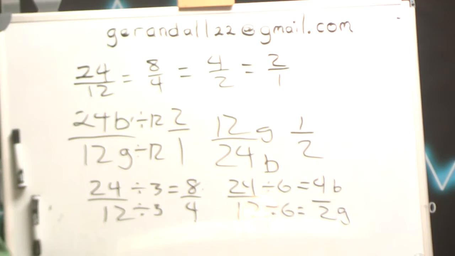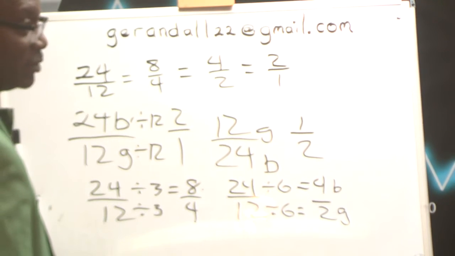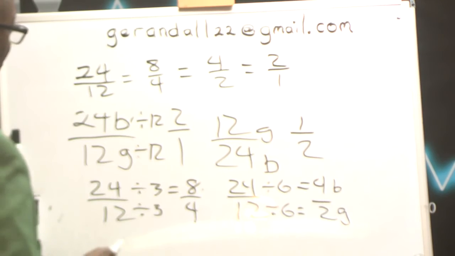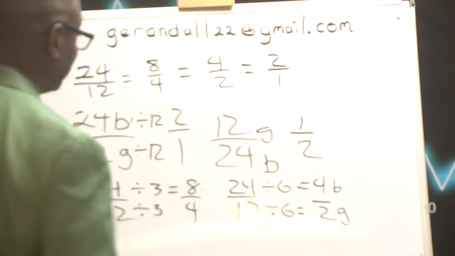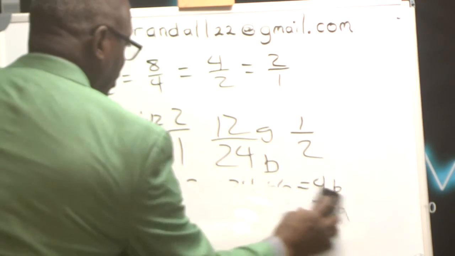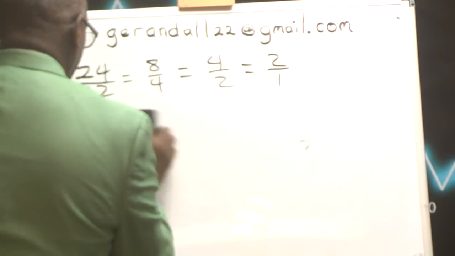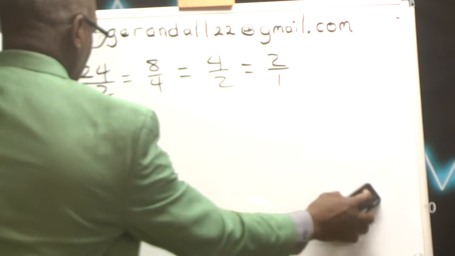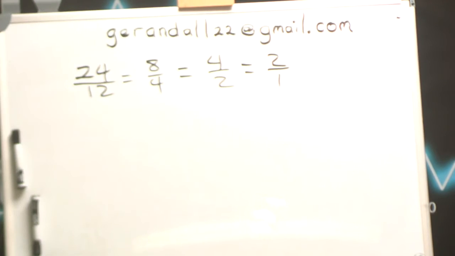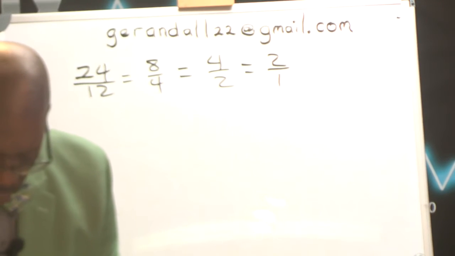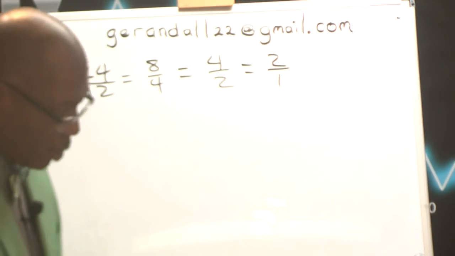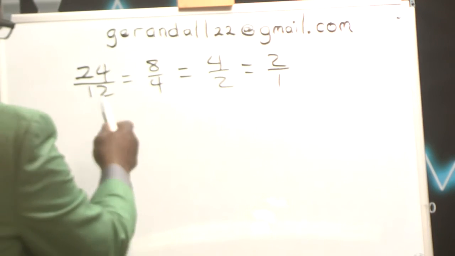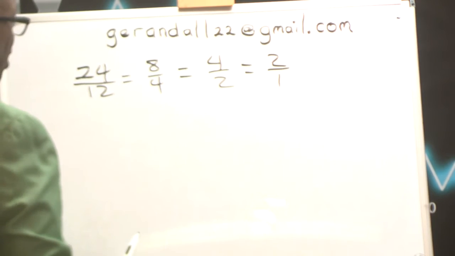Equivalent fractions, a way of expressing numbers, comparing numbers. And again, this is all back to our fractions and our basic facts. Another way to compare numbers. What we've done here, the comparisons are all equivalent fractions.